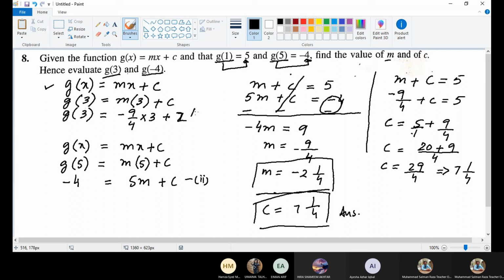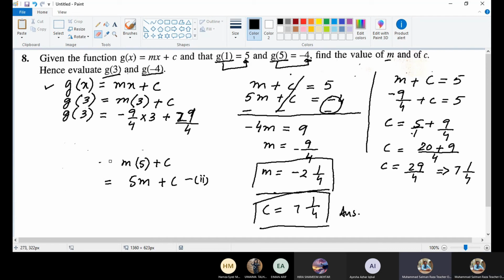If I write 29 over 4, it will be great. So I have the values of c and m both. And later on, I'll solve it and find out the values.